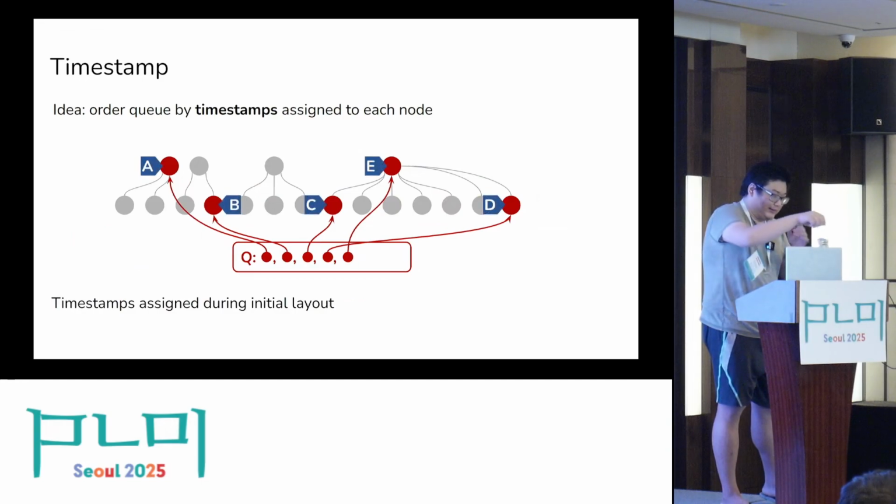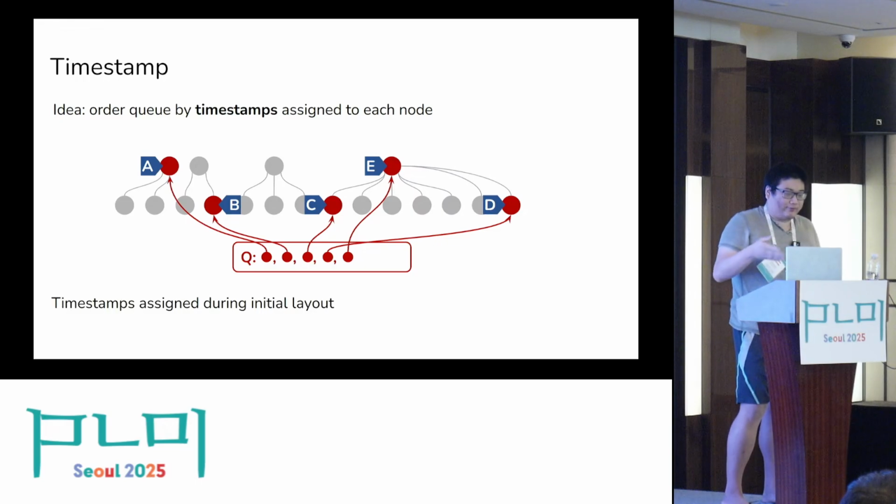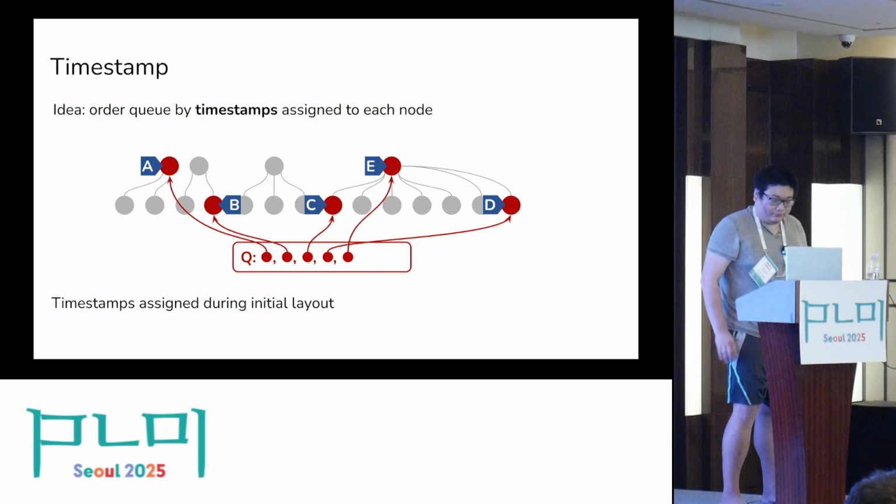So to implement this from scratch layout, we can tag each node with a timestamp. Then this timestamp is assigned when the node is finished computing initially, and this timestamp increases monotonically. Then we can index our queue with this timestamp.